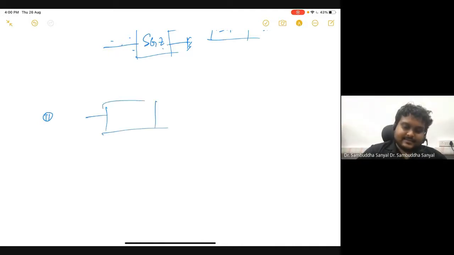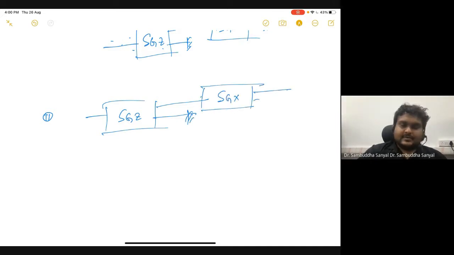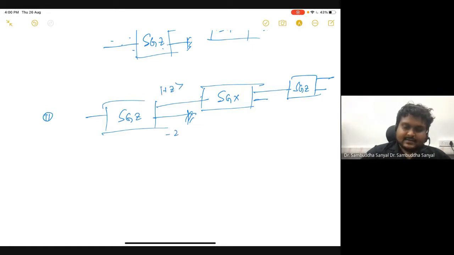I have a Z, then I have an X. I block this, I have an X, and then I do a Z. Now, if this were a regular X, then the output here is plus Z and minus Z. If I could have done two things, I would have taken a plus X and minus X and recombined them at Z.